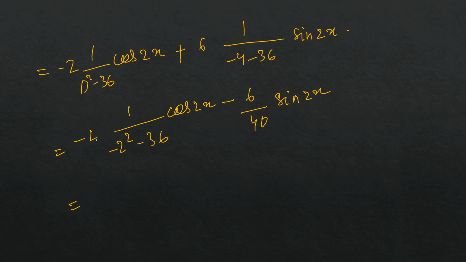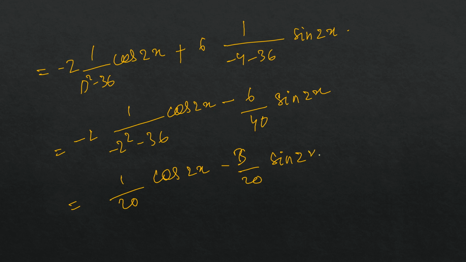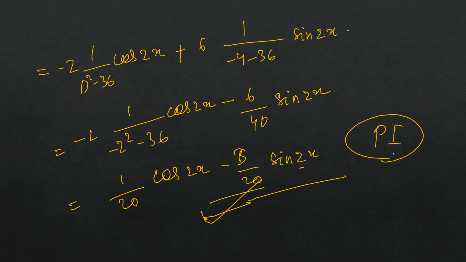That will be minus minus plus. This will be 40 to 20, 1 by 20, cos 2x, and 3 by 20, sine 2x. Okay, I did it very fast, I hope you can do it also. Yeah, this was the answer. Only by calculating the particular integral; the complementary function you can easily calculate, no problem.